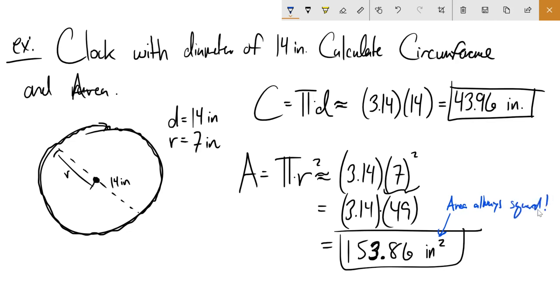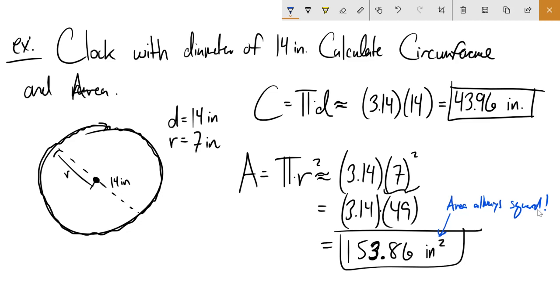Why are the area units always squared? So a line is one-dimensional, right?